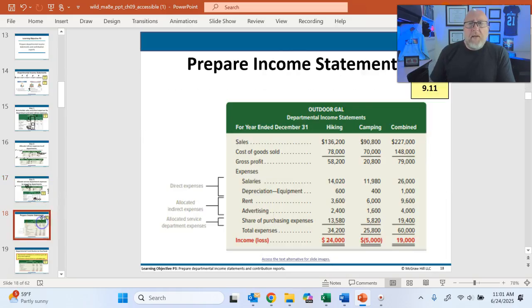And then we can look at the combined profit and loss for the hiking division and the camping division. So we have sales, cost of goods sold, that's all direct expenses. So we have gross profit of 58,200. Then we had salaries for people who specifically only worked in the hiking department.